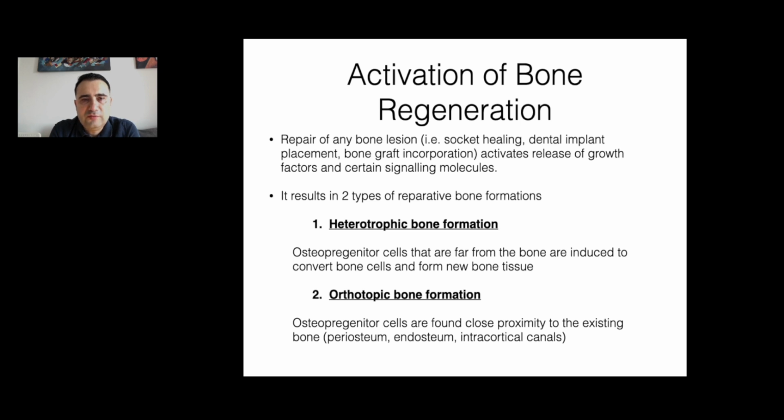And then after signaling of these molecules, this type of reparative bone formation occurs. In heterotopic bone formation, the osteoprogenitor cells are far from the bone and they are induced to convert to bone cells, and they form new bone tissue. In orthotopic bone formation, the osteoprogenitor cells are found in close proximity to the existing bone, such as in the periosteum, endosteum, and intracortical canals.